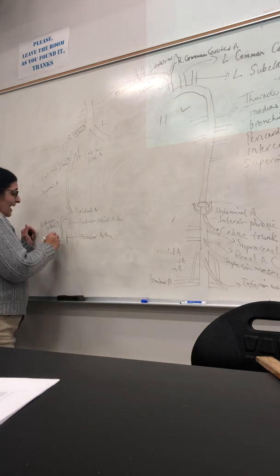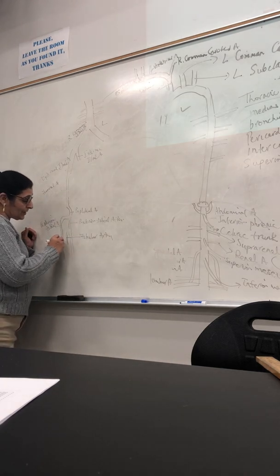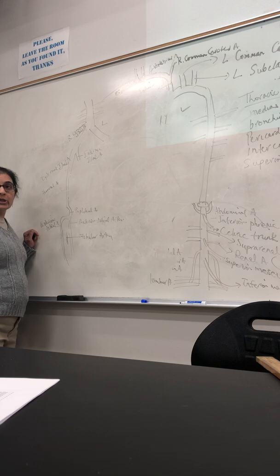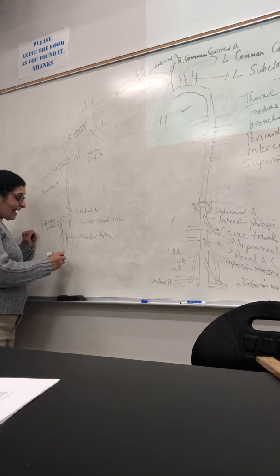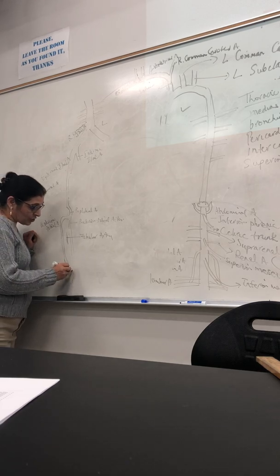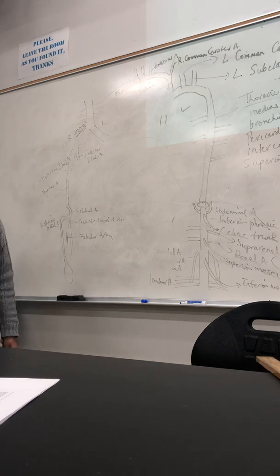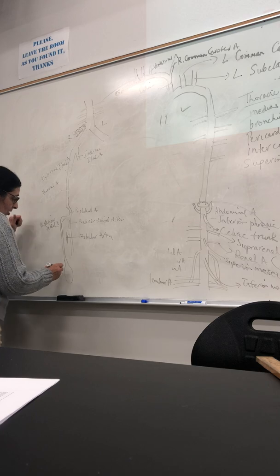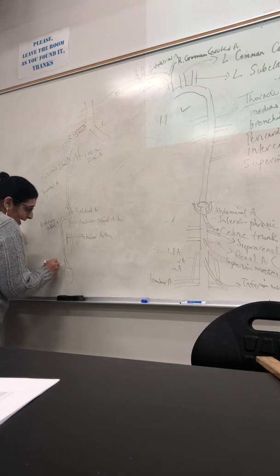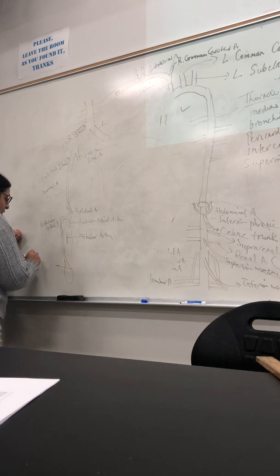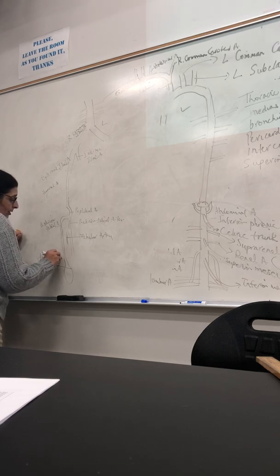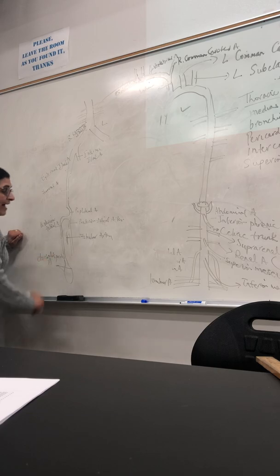Then this anterior tibial artery will go to your foot. And then it forms this arch on the anterior side of your foot. So these two arches are known as the dorsalis pedis artery.